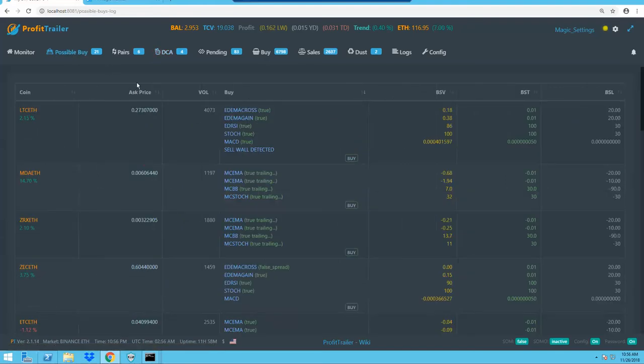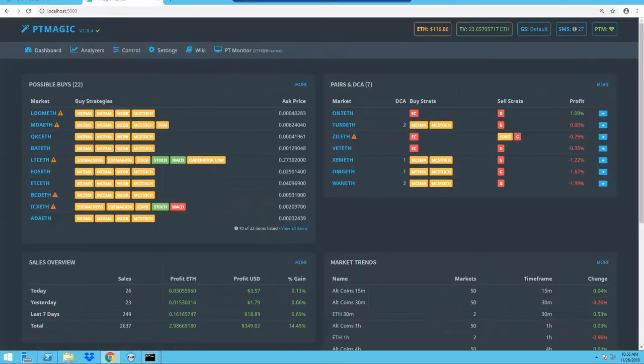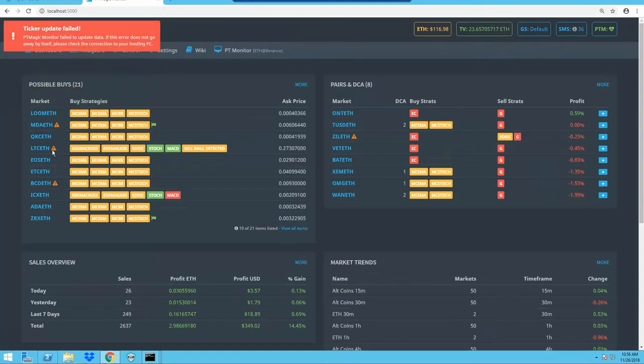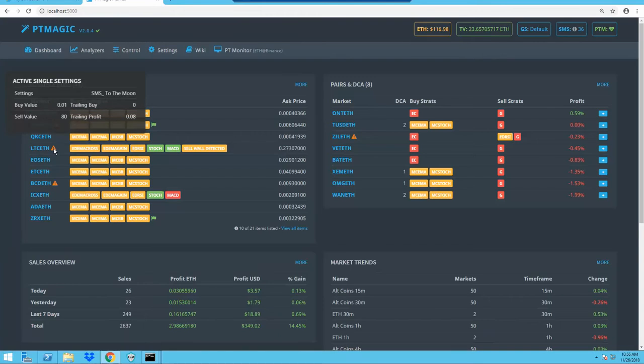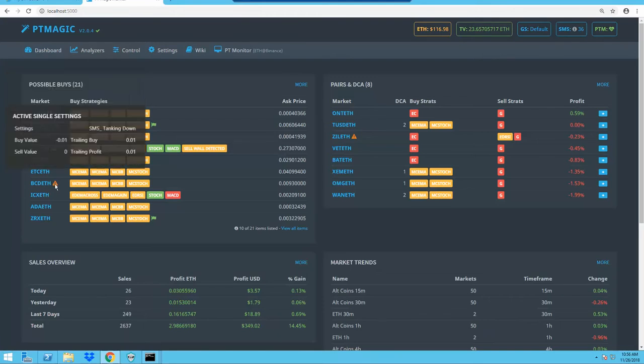Also, when you're looking at possible buys for the ProfitTrailer, this is all being run by the ProfitTrailer Magic application. So when I'm looking here, you'll see that Loom, as an example, is in bear sided. MDA, when you look at this one, is in free fall block. Looking at this one, it's to the moon. This one's tanking down.